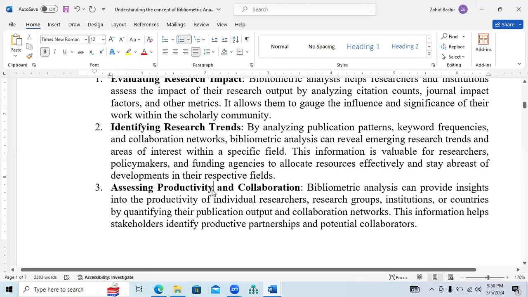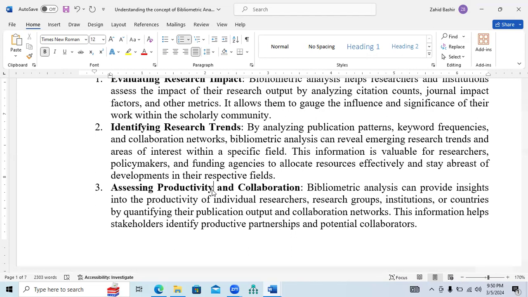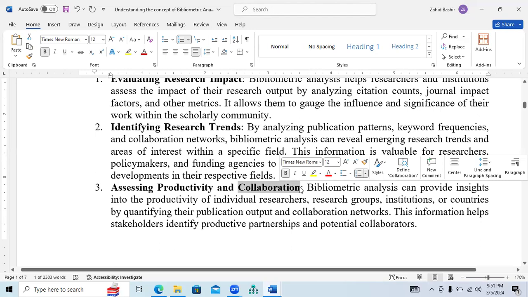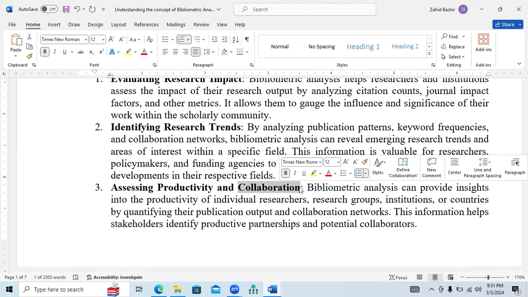Bibliometric analysis will indicate how productive an area is, and how much a particular domain has the potential to produce productive and collaborative research. Collaboration means authors from different countries, like Dr. Abhishek is from India, or he's working in Saudi Arabia, and I am from Pakistan.